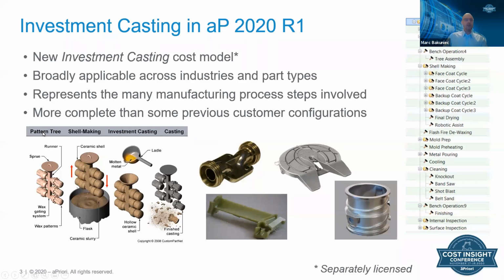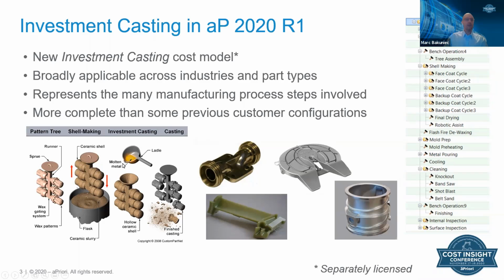So on the bottom, we can see on a high level how the investment casting process works. For some of you who might not be absolute experts on this process, we have basically a tree pattern consisting of wax parts that is made. The second step would be to have a shell making process. So the wax pattern is dipped in a ceramic slurry to create a ceramic shell around these wax patterns.